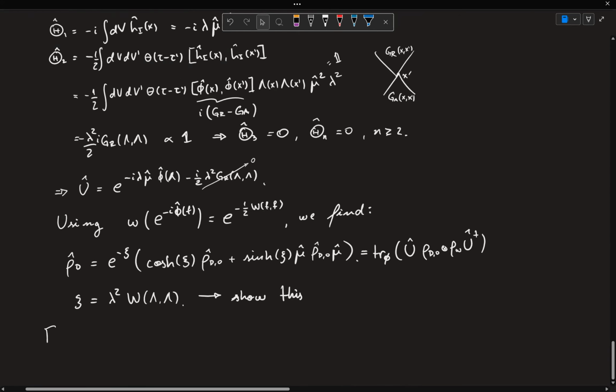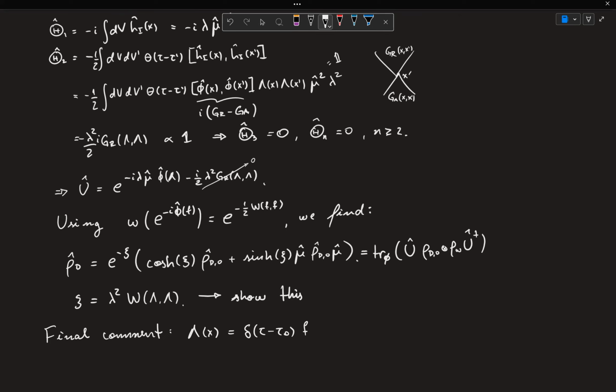And a final comment is that if your lambda is a delta of tau minus t0 times an f of x, this implies that your detector is effectively gapless, because then there's no time evolution.